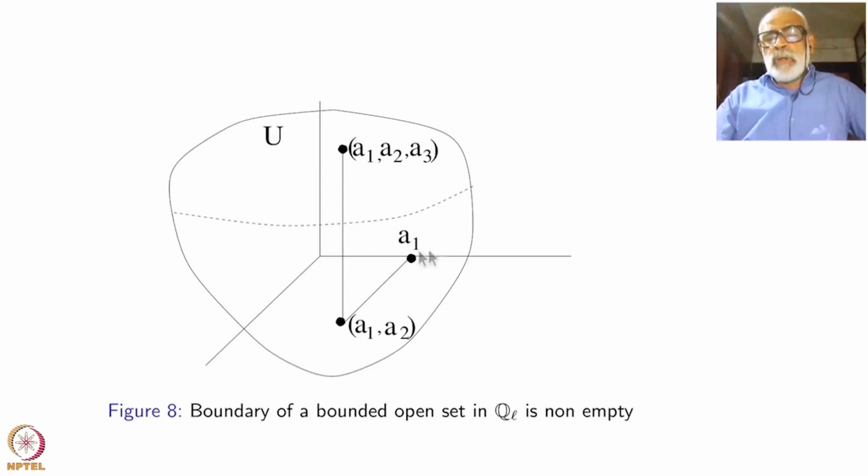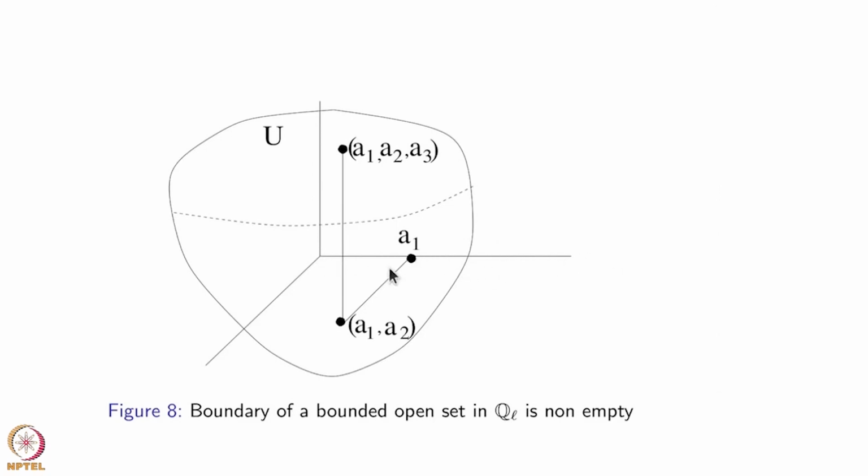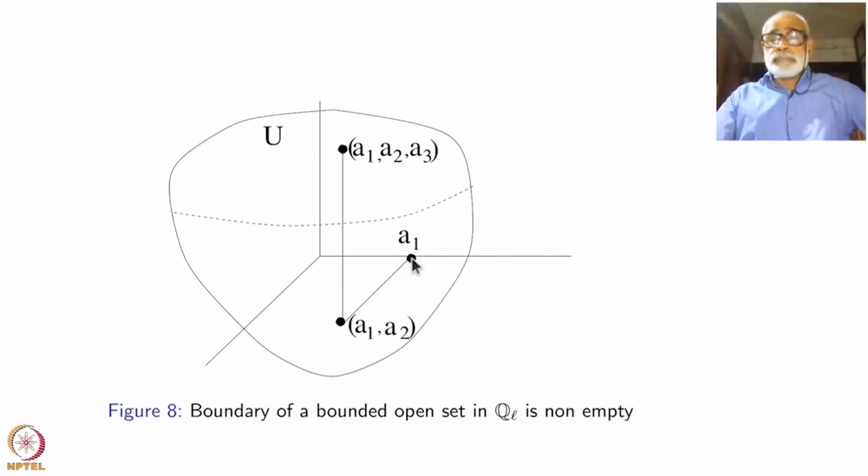I start on the x-axis, the first axis, the x1 axis. I take a point a1 inside U, maybe I don't have to take the 0 itself. Take one point.